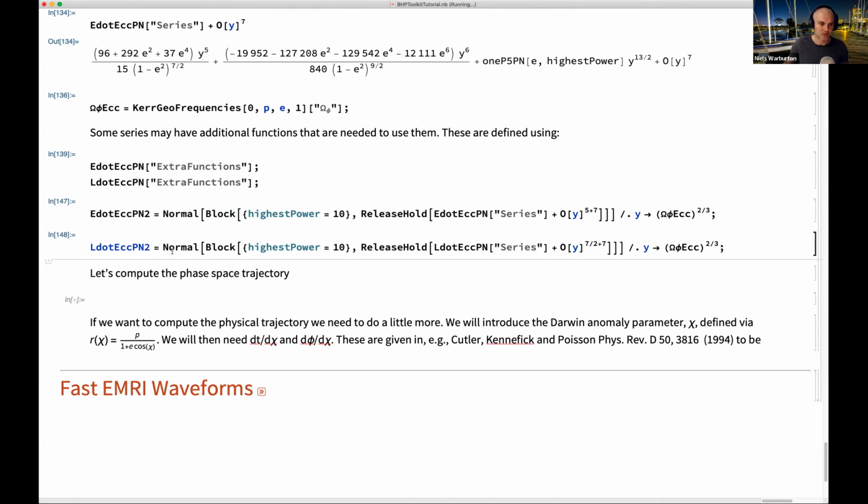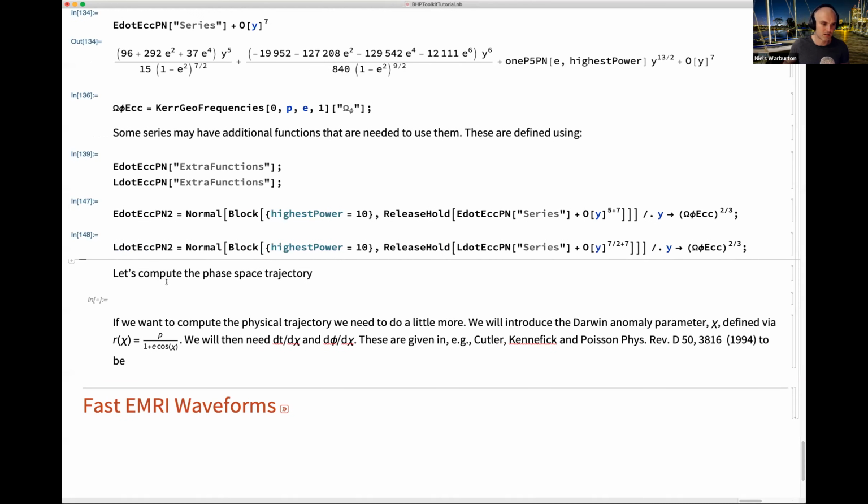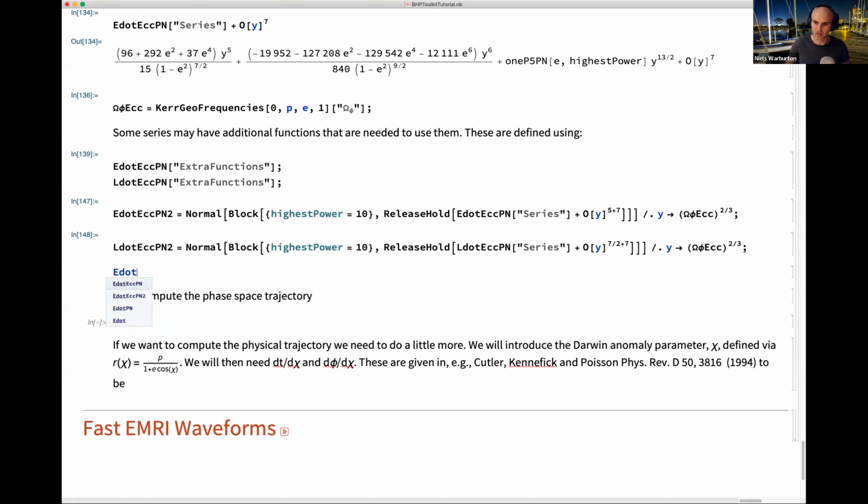And in order to actually then compute a little inspiral, we will need to define a function like this.